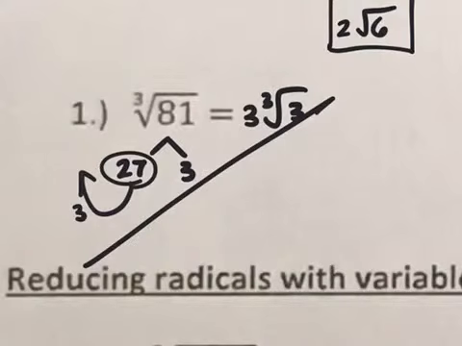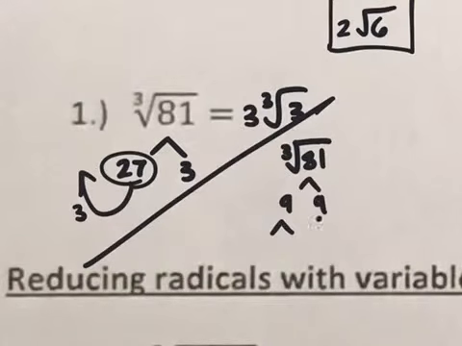Now, say you're not familiar with your perfect cubes. You can break these down into tree diagrams. It's going to start off with 9 times 9, and then break the 9 down into 3, 3, 3, and 3. With our index being 3, I'm looking for a group of 3 3s. There they are. So when 3 of them group up, 1 can escape.